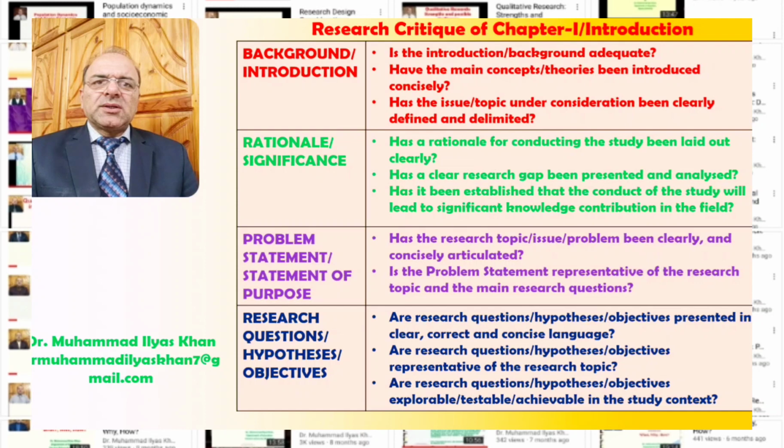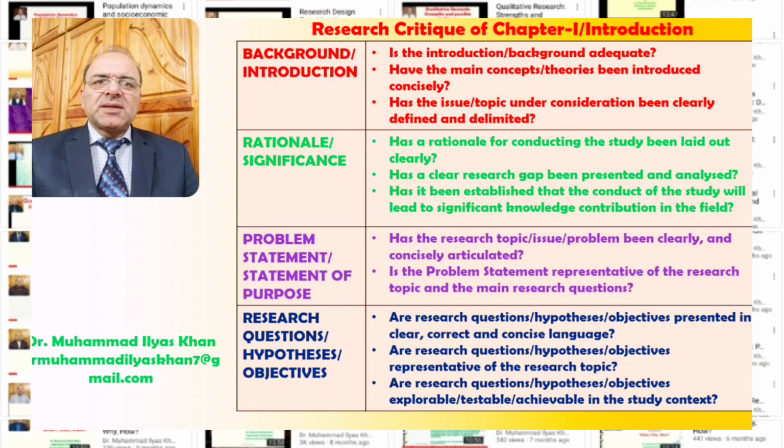And so the research critic will be asking the following questions. Are research questions or hypotheses and objectives presented in clear, correct, and concise language? Secondly, are research questions, hypotheses, and objectives representative of the research topic?